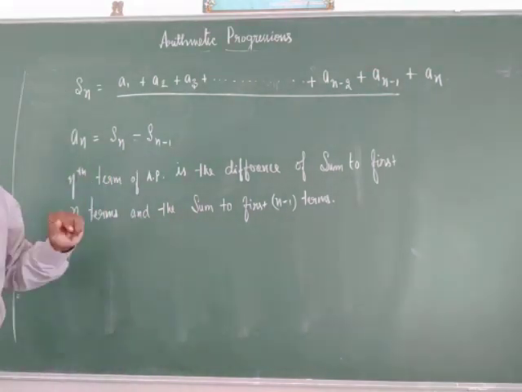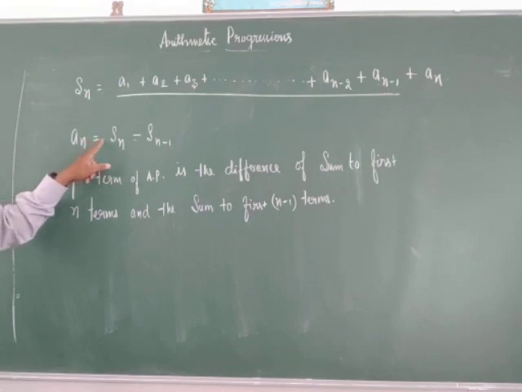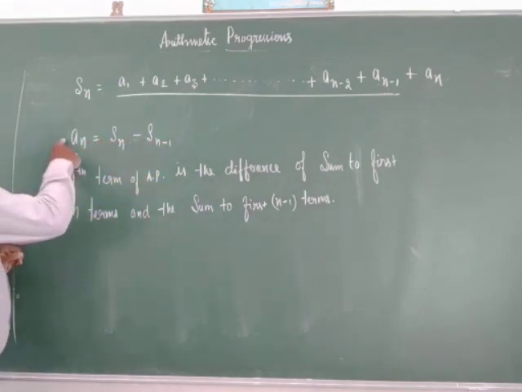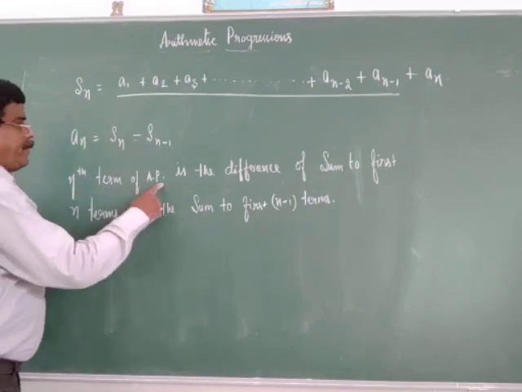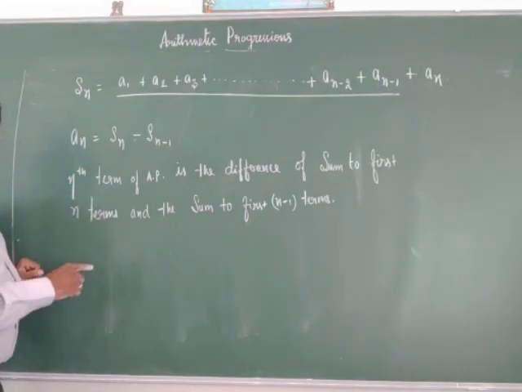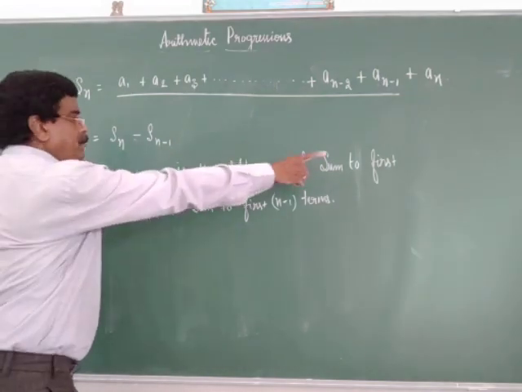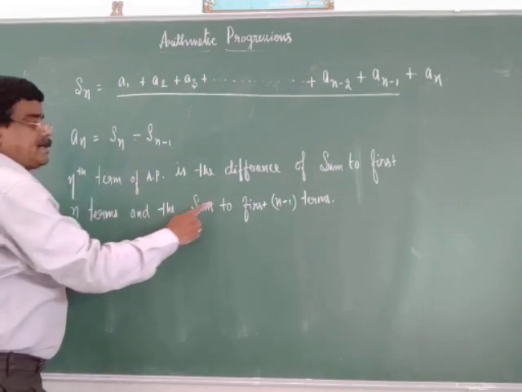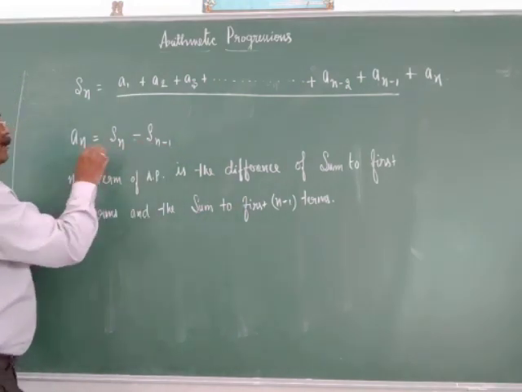I repeat, children, An is nothing but Sn minus Sn minus 1. The nth term of AP is the difference, difference means minus. Difference of what? Sum to first n terms Sn and the sum to first n minus 1 terms.